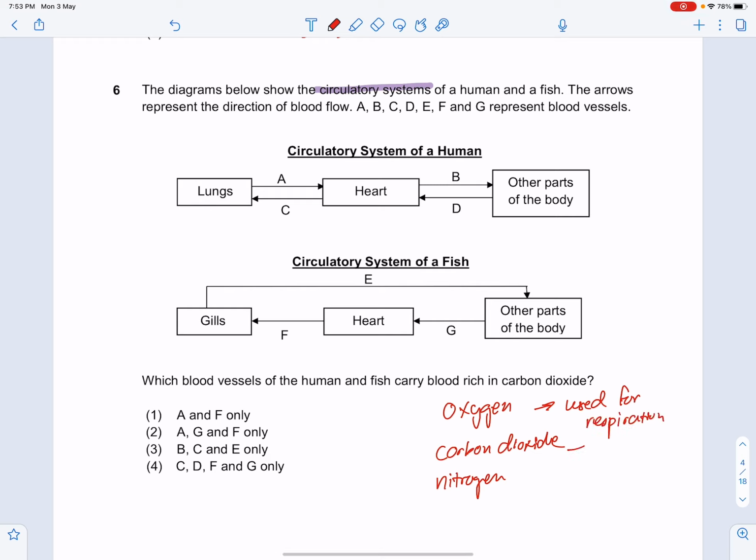And carbon dioxide is produced during respiration, whereas nitrogen remains unchanged because it is not used or produced by the body, so it would just remain status quo, unchanged.